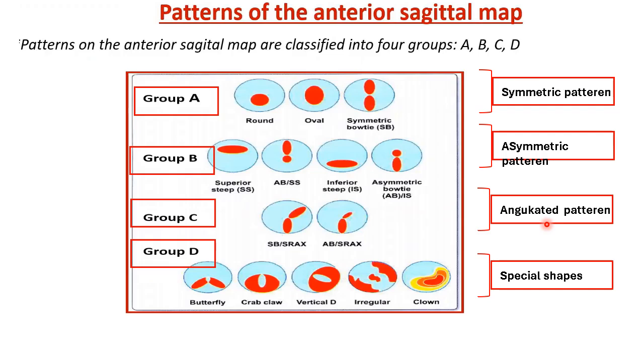Now, without going into the details, as I said in my introduction to this lecture, I will not go into studying the details of the different maps and the cutoff values for each finding, including, for example, the radial axis deviations and the steep and flat meridians and so on.